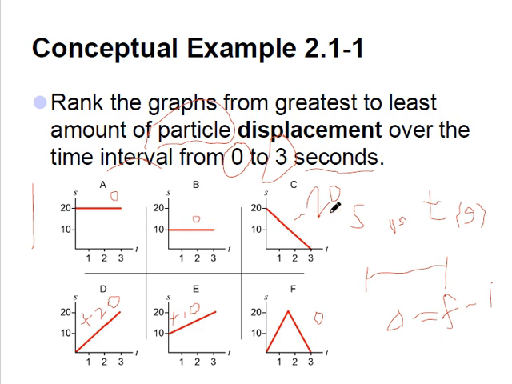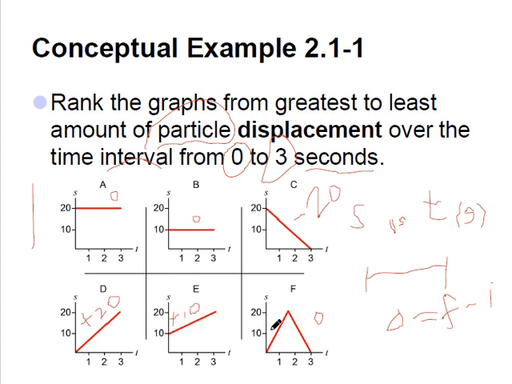So therefore C and D, we're going to rank as the largest change in position, and the second one is going to be E, because it has 10 meters. The change, delta S, the change in position is 10 meters, so therefore that's the second.